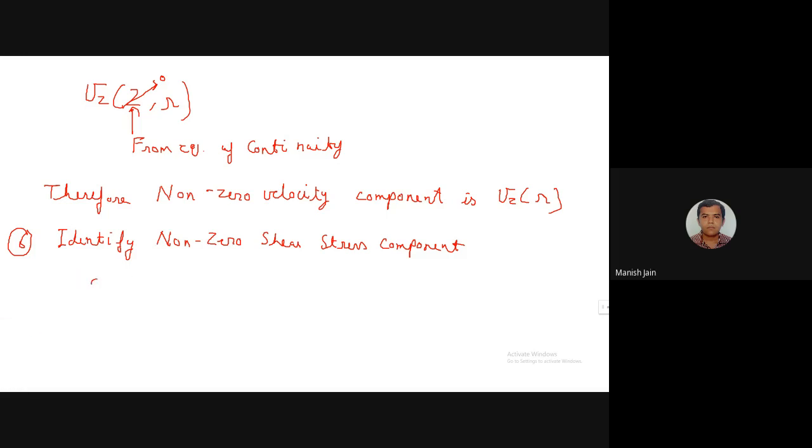So tau is the shear stress. Shear stress is a second order tensor quantity. It has 9 components.